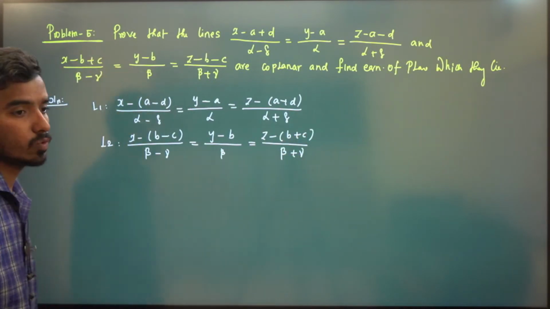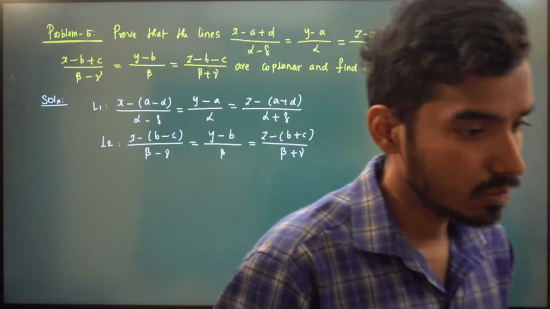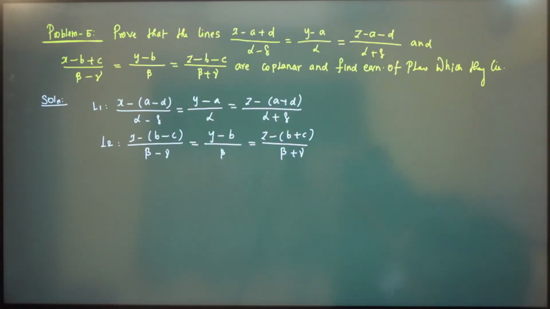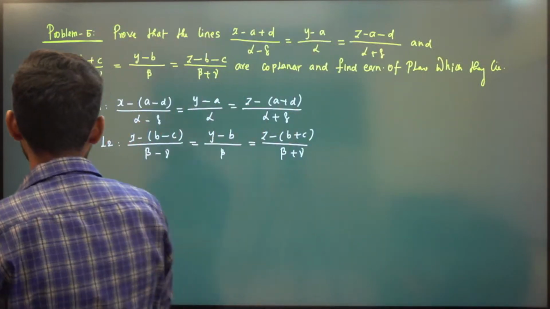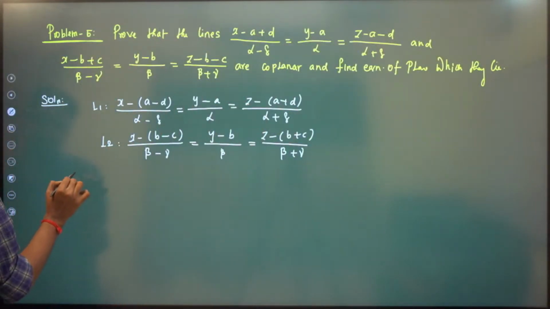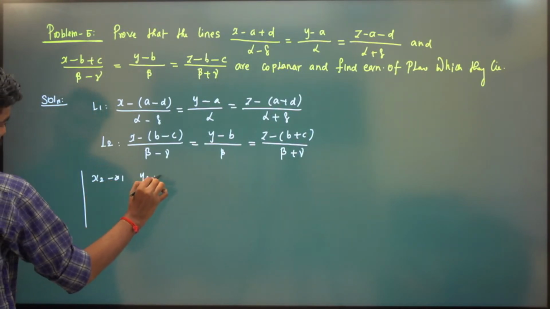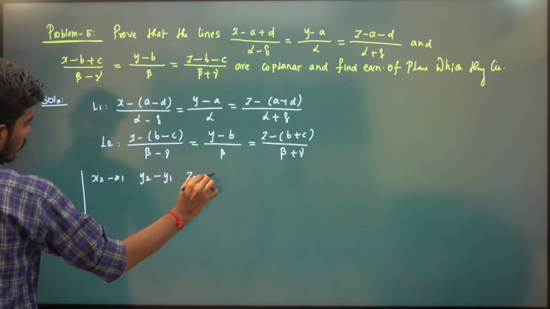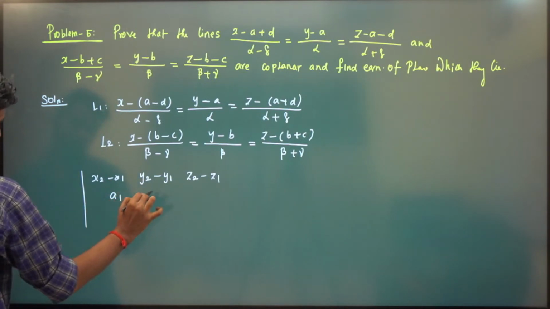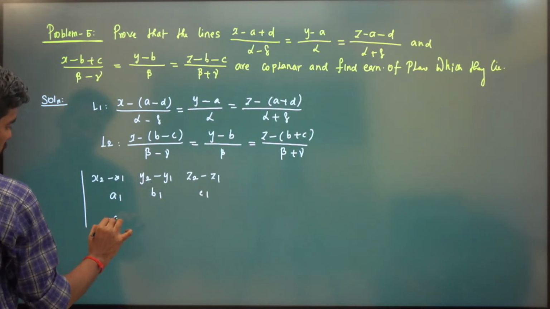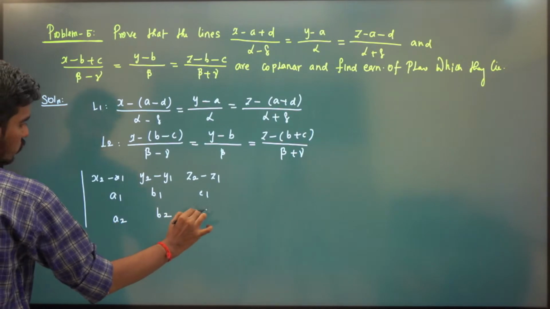So we know x1, y1, z1, we know x2, y2, z2, and we know a1, b1, c1, a2, b2, c2. The condition for coplanarity is that this determinant has to be 0: rows (x2 minus x1, y2 minus y1, z2 minus z1), (a1, b1, c1), (a2, b2, c2).